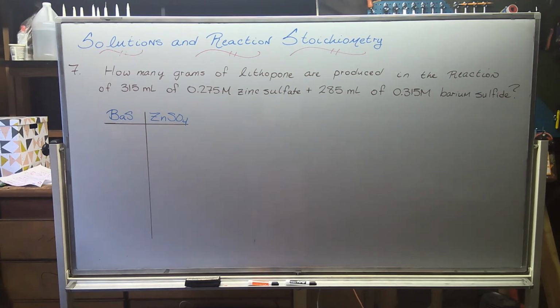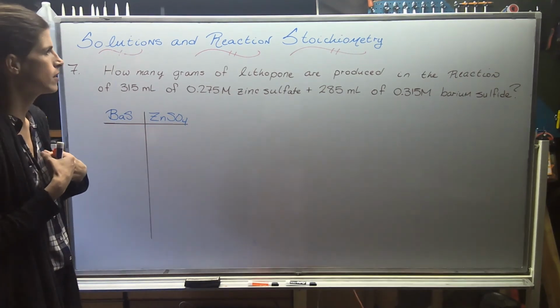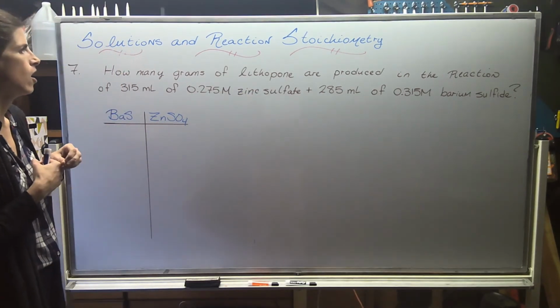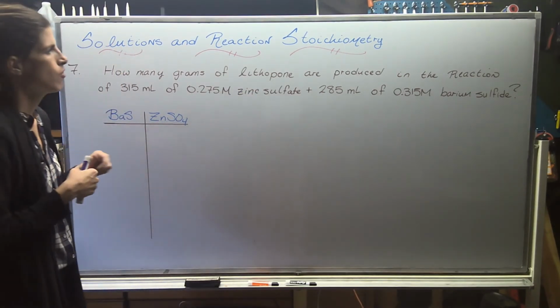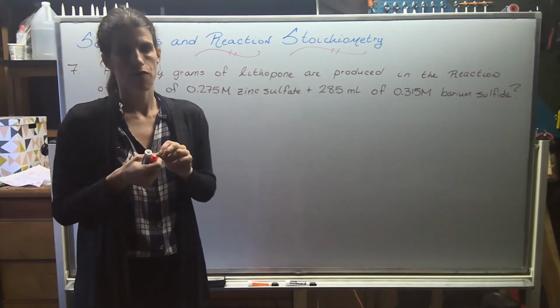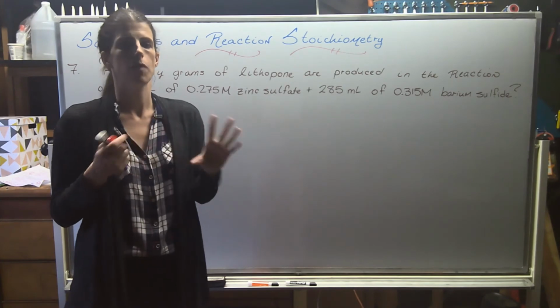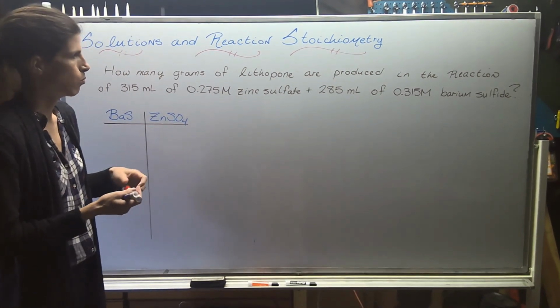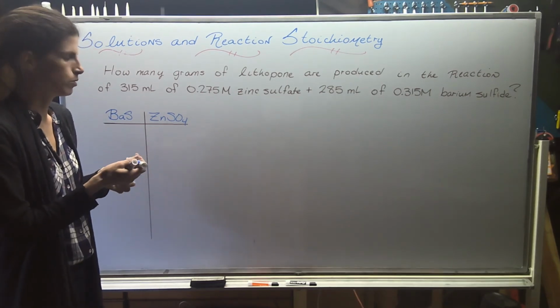So they're talking about this white pigment, lithopone, and it consists of the 2 products from the reaction of zinc sulfate and barium sulfide. So our first step will be to write a balanced equation for the reaction and figure out what actually is in the lithopone.